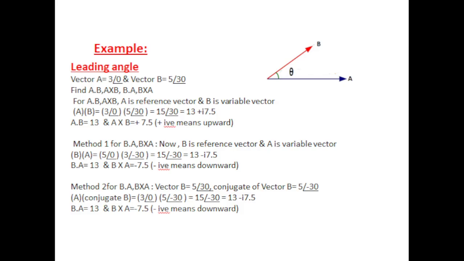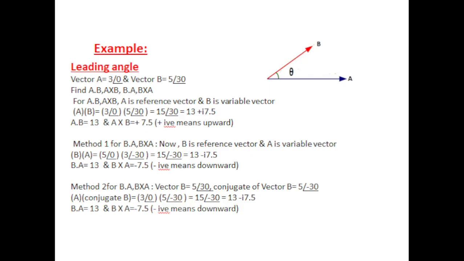Now we go for the other cross product. Here two methods are used. First method, for B dot A and B cross A. Now B is the reference vector and A is the variable vector. So BA is equal to 5 angle 0 into 3 angle minus 30 equal to 15 angle minus 30 equal to 13 minus i 7.5.